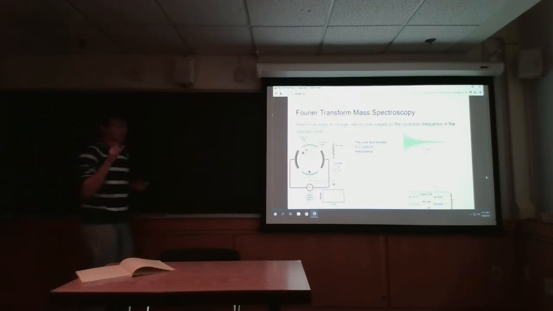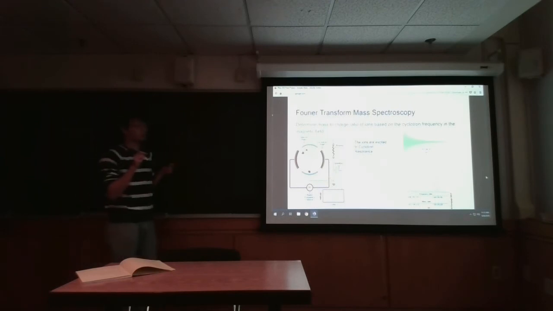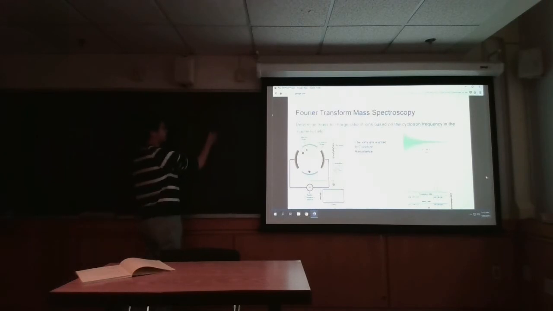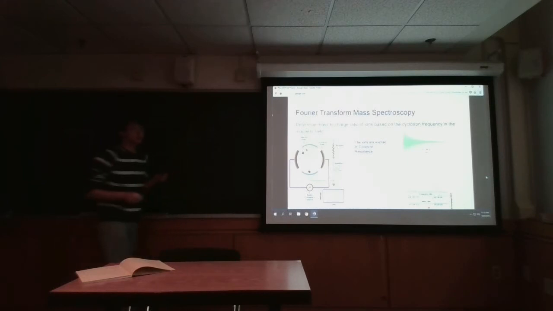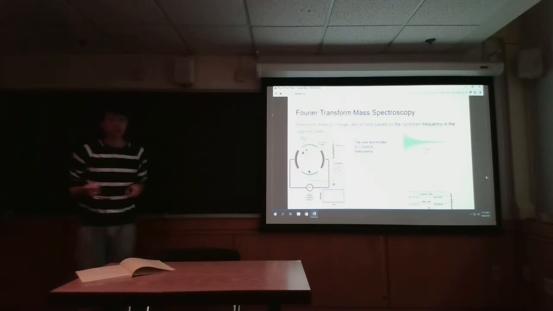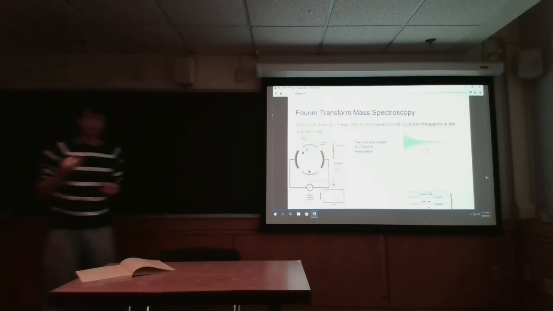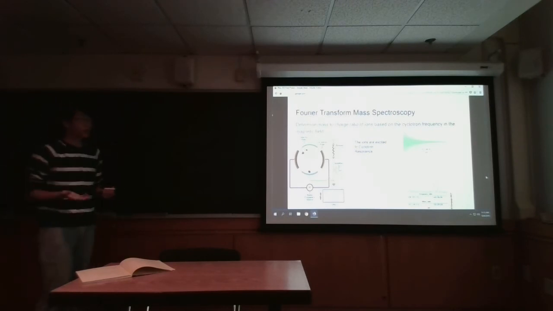Mass spectroscopy is able to determine the mass to charge ratio, which is the ratio between the mass of the molecule and the charge of that molecule. In this way, we can use Fourier Transform spectroscopy to determine the specific kind of chemical compound in a variety of fields.